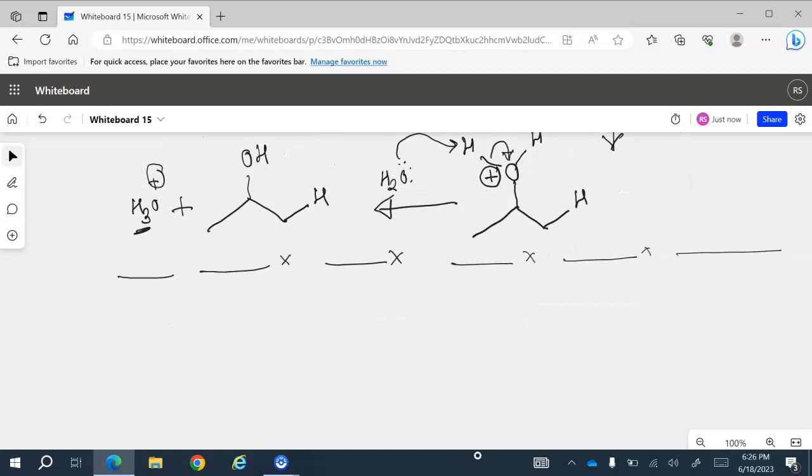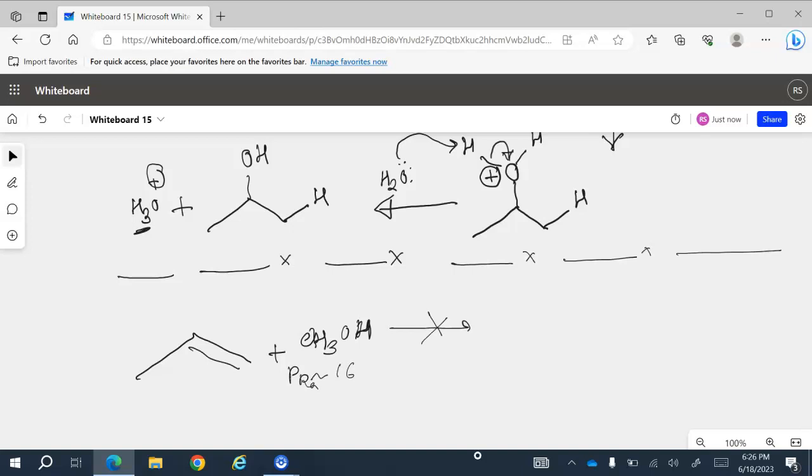So if say this is the alkene, we are adding alcohol, say for example methanol. Again, the pKa of alcohol and water is almost similar, very close to 16.